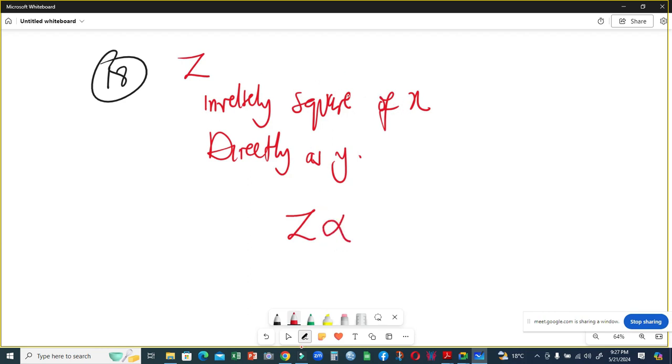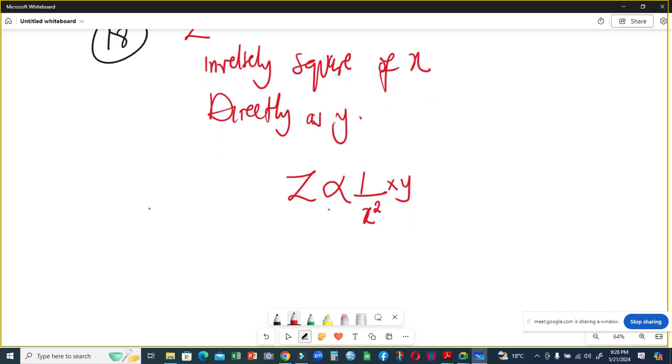At first I made a mistake actually. Inversely, it's 1/x. Since it's inversely the square of x, we'll say 1/x squared. Directly as y, so we'll say times y. So this is the same as z varies as y over x squared. If we simplify, 1 times y is y over x squared.